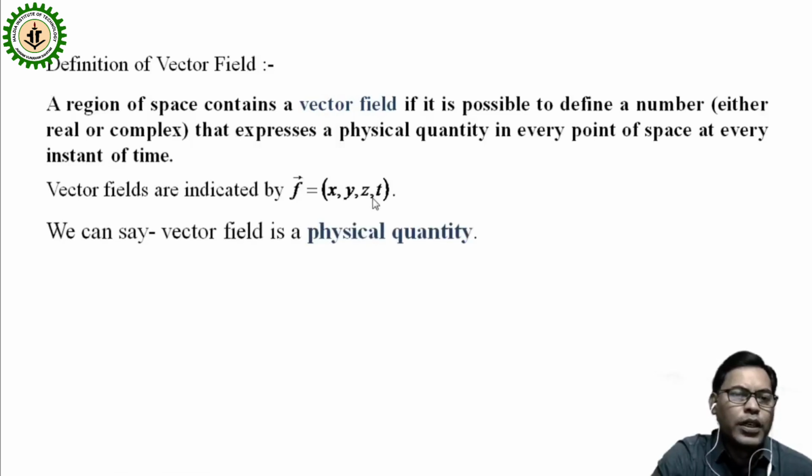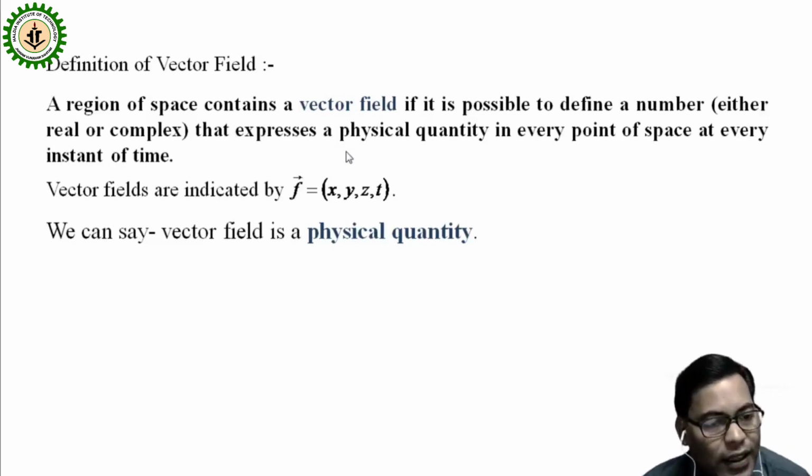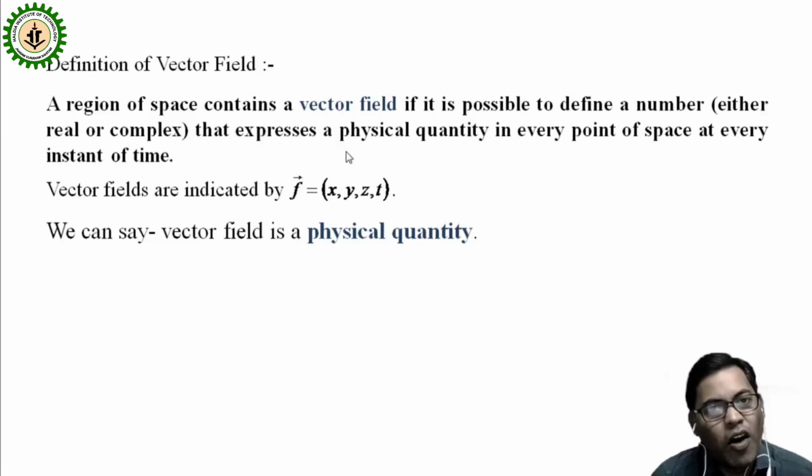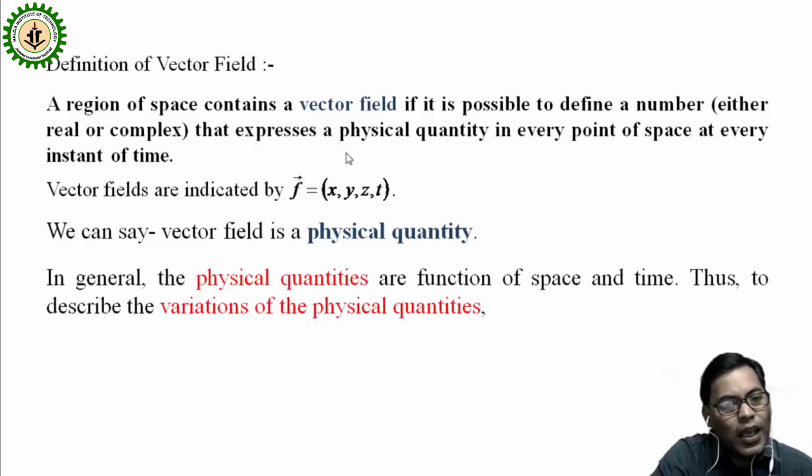Now from all these definitions of the field and the vector field, the classification, we can understand that the vector field, or in general we can say field, is a physical quantity. As we are going to consider here the electromagnetic fields, which are vectors, we are going to consider the vector field as a physical quantity. Now in general, the physical quantities are functions of time and space.